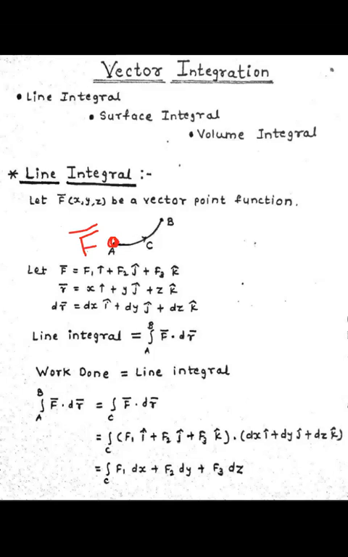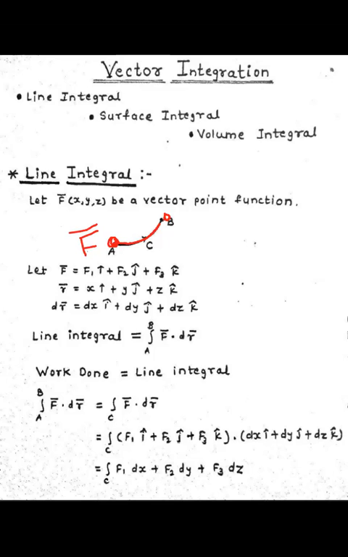To give motion to the particle, we must apply force F bar. After applying this force, the particle moves along the curve C and comes up to point B.